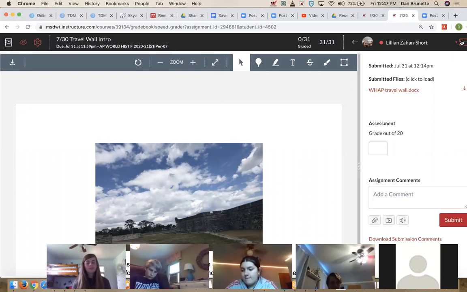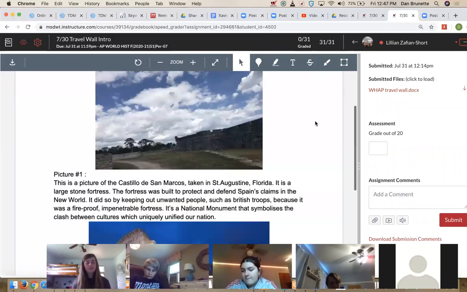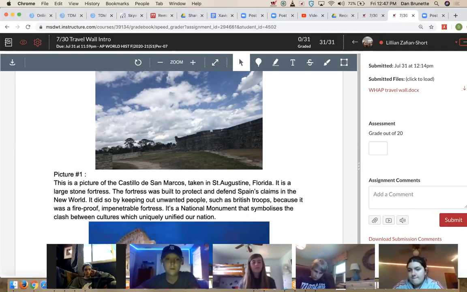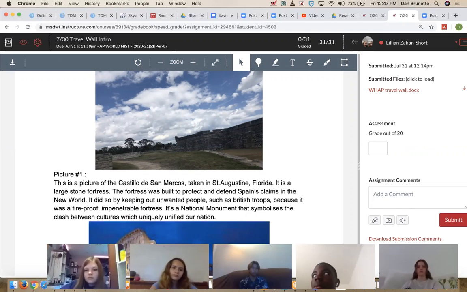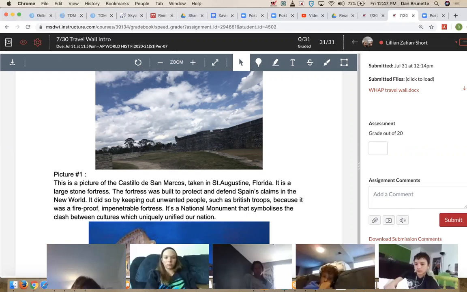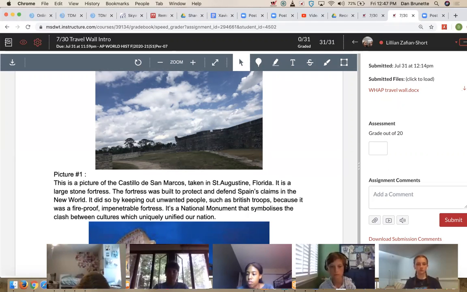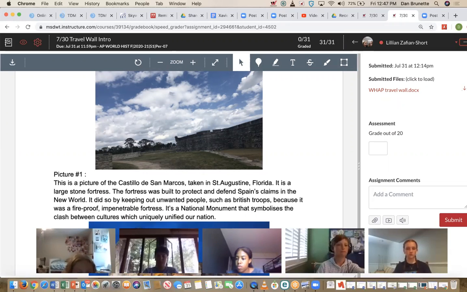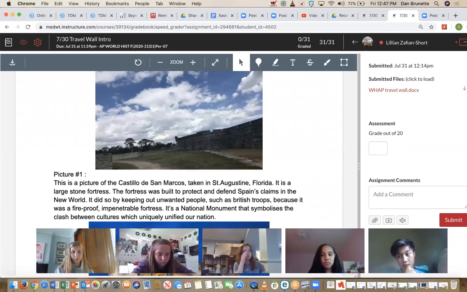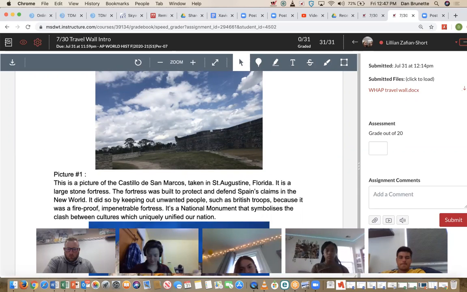Yeah. Hi, my name's Lily. I went to West Lane and then Northview. The first picture is of Castillo de San Marcos in St. Augustine, Florida. It's a large stone fortress, and it was built by people of all different backgrounds, jobs, and religions to protect and defend Spain's claims in the New World.